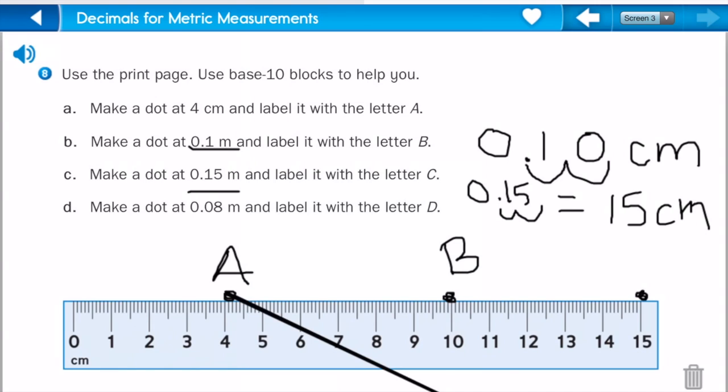So let's label that C. And the last one is 0.08 meters. And so let's move our decimal point over 2 places, and we get 8 centimeters. Which is where D goes.